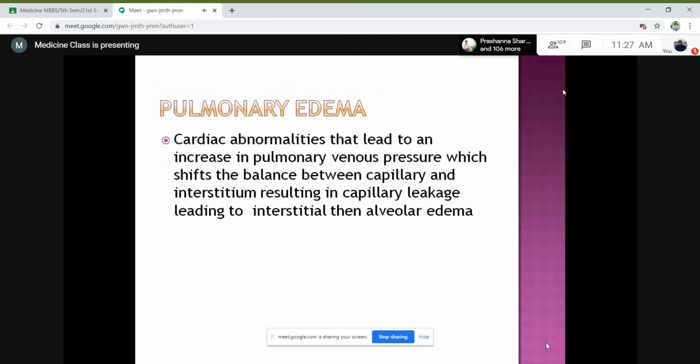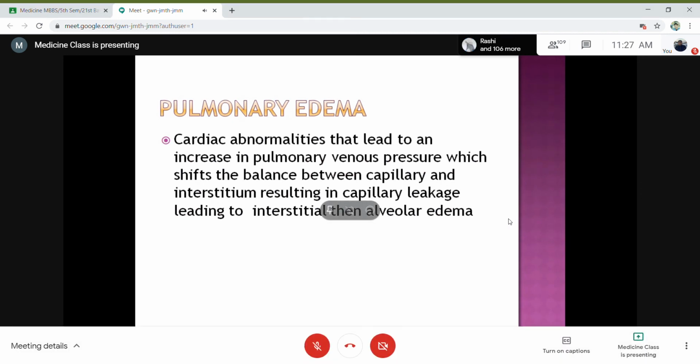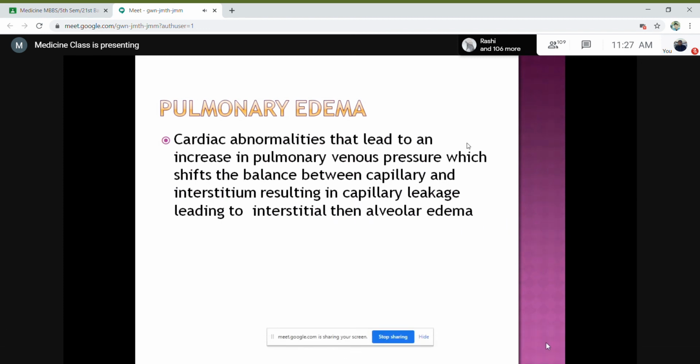If the patient has pulmonary edema, there will be some cardiac abnormalities that lead to increase in the pulmonary venous pressure, which shifts the balance between the capillary and the interstitium, resulting in capillary leakage, leading to interstitial and alveolar edema. So there will be interstitial as well as alveolar edema because of capillary leakage.